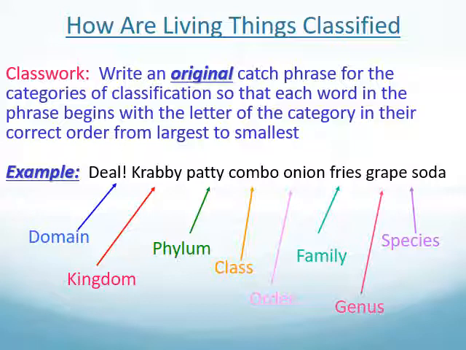So for me, I remember Deal, Krabby Patty Combo, Onion Fries, Grape Soda, because I'm ordering a Krabby Patty combo, but I want onion fries and I want a grape soda, and that is a deal. So Deal is domain, Krabby is kingdom, Patty is phylum, Combo is class, Onion is order, Fries is family, Grape is genus, and Soda is species.